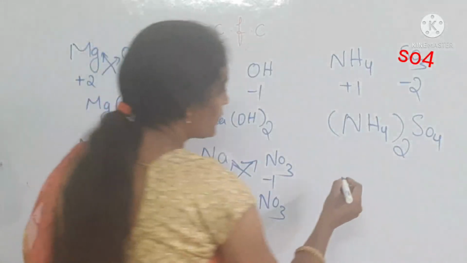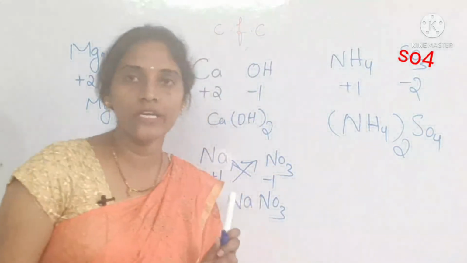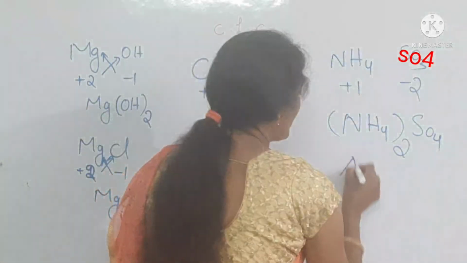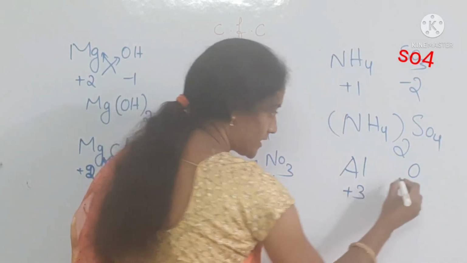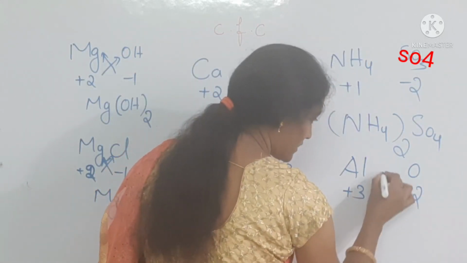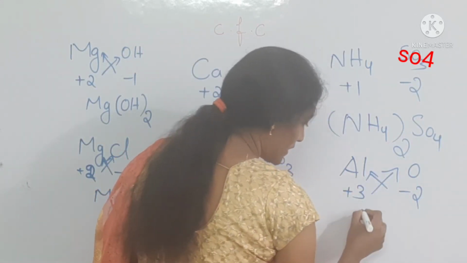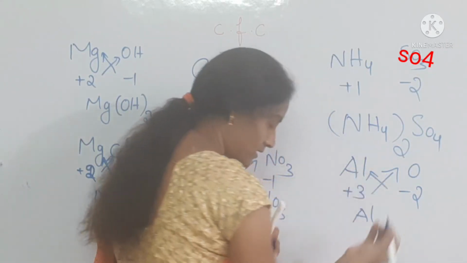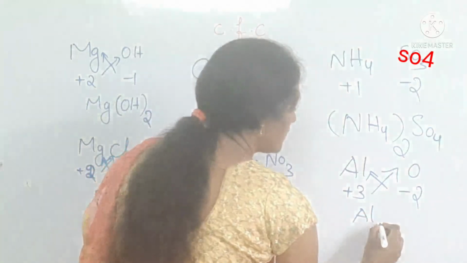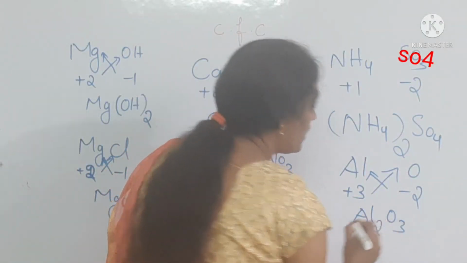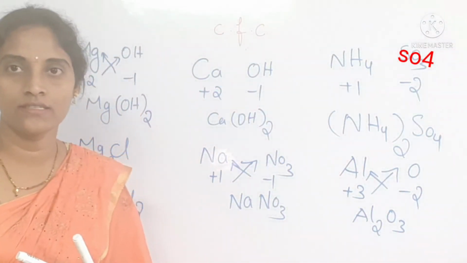Next, one more example, aluminum oxide you can take, AlO. Here it is the +3 oxidation state, it is the -2 oxidation state. After cross multiplication or balancing, after completion of balancing their valencies, you will get Al2O3 as the aluminum oxide's formula.